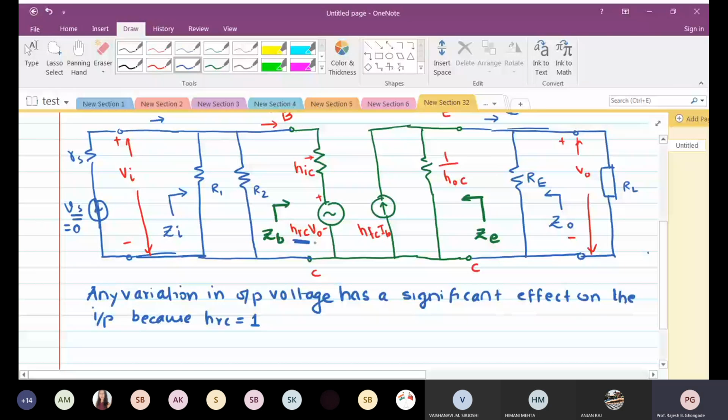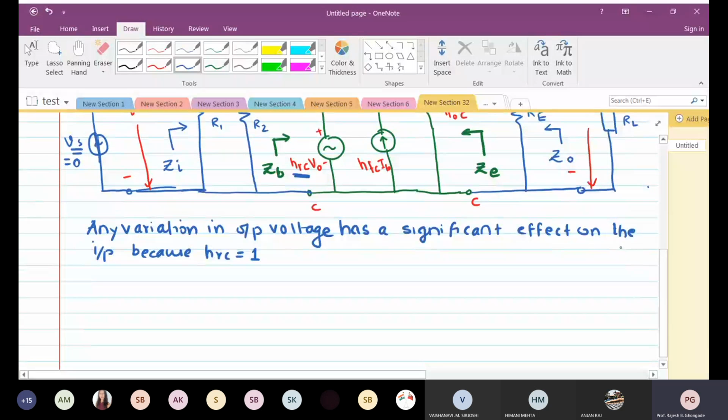We assume that signal voltage is equal to 0, but still IB is produced, because the output voltage is affecting the input. The entire output voltage is available at the input side, and that is the reason why I am able to have IB. Now this is only for the derivation purpose. Remember that without signal voltage I will never have the output voltage, but for derivation purpose we have to make sure that one of the sources is made 0.